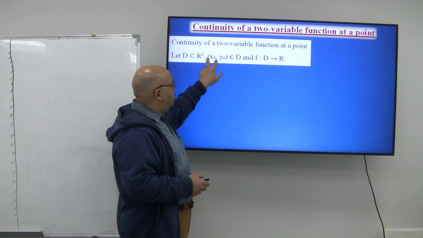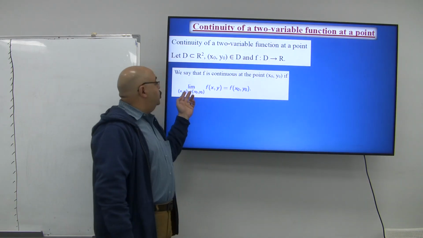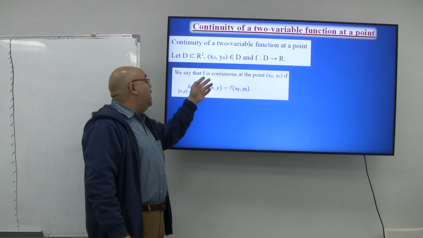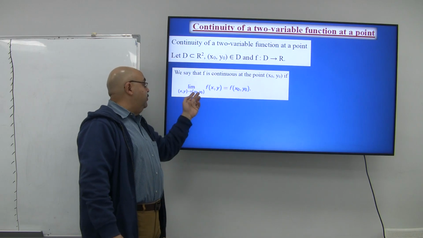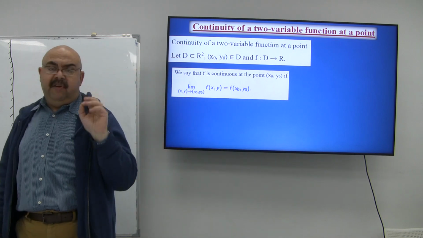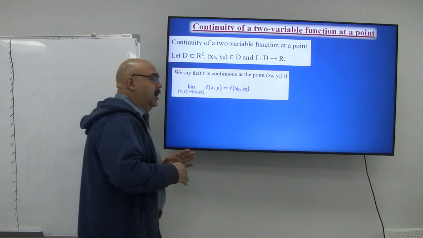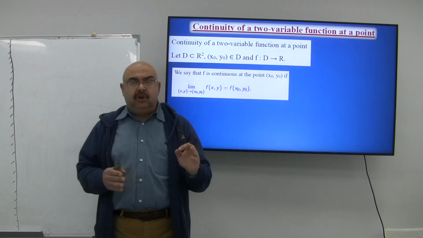For (x0, y0) belonging to D and f from D into R, we should have the following: the limit in the neighborhood of the point equals the function value at the point, which is exactly the same for any function to be continuous.